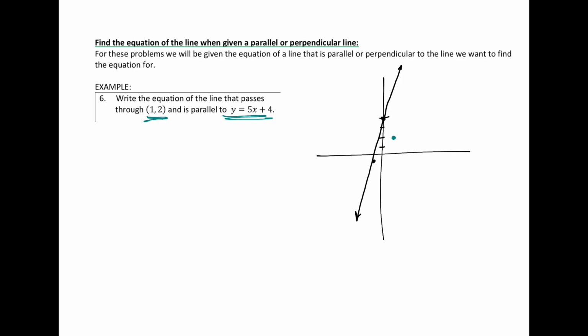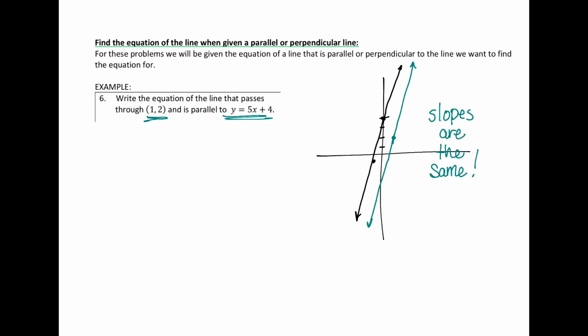In other words, it's going to run right next to it without crossing it. Okay, so when that happens, the slopes are the same. When two lines have the same slope, they will always be parallel.